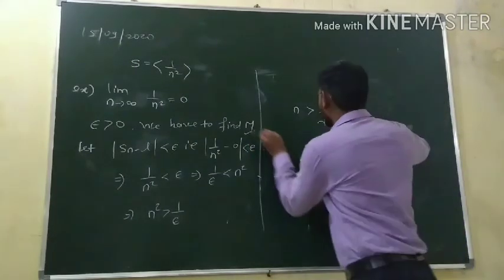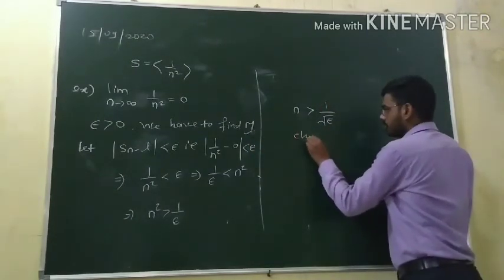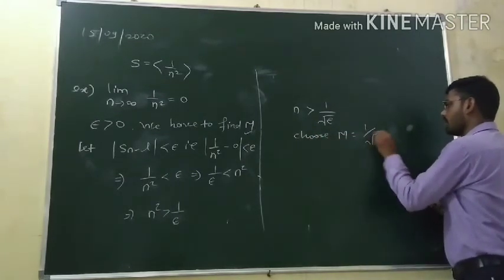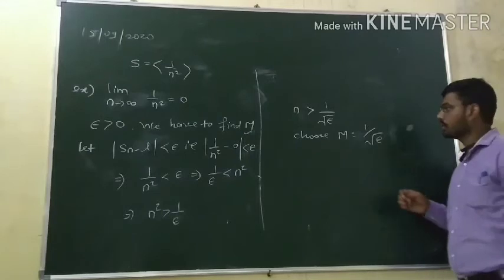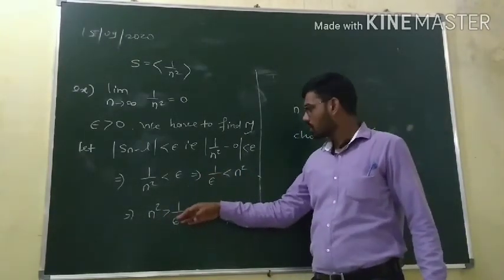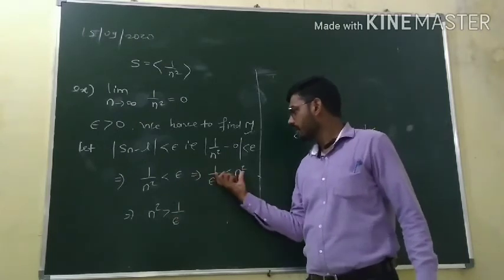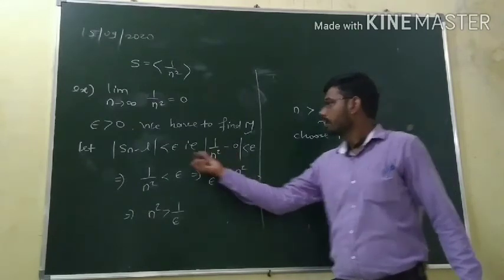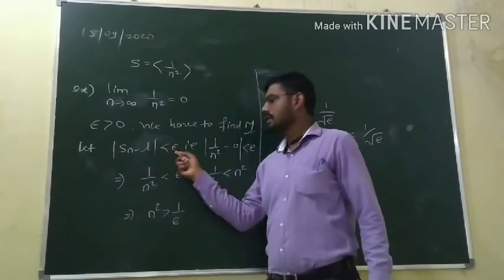So we should choose this value as m. Why? If we choose m is equal to 1 by square root of epsilon, we get this. Then going in reverse, we get this, and finally we get the difference between the sequence and the limit less than epsilon.